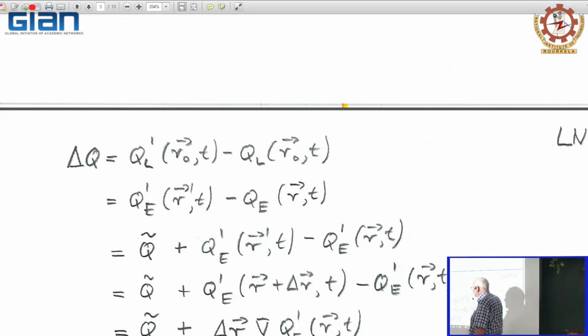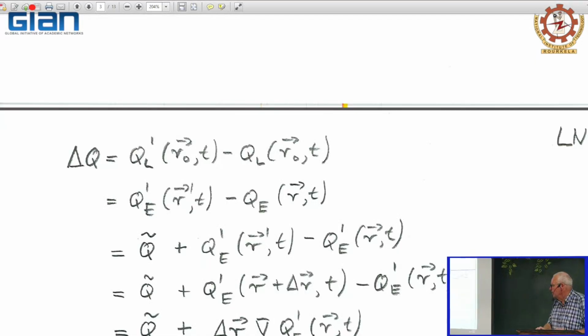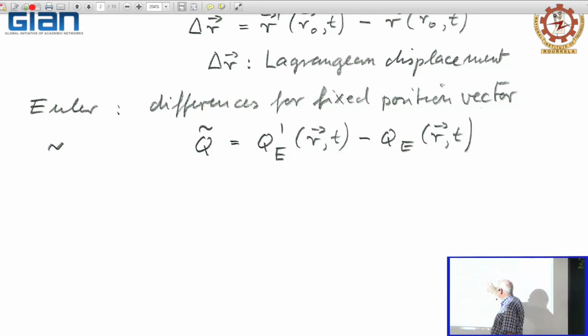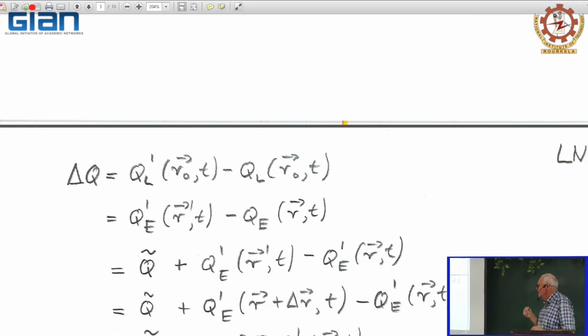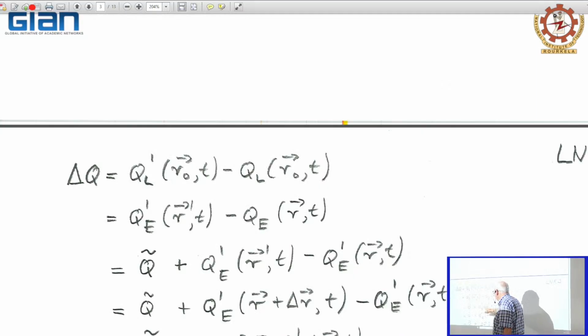Now we use the definition. Well, we keep this quantity. Now we use the definition of Q tilde, the Eulerian perturbation. The Eulerian perturbation was QE dash minus QE, both at the position r. So we rewrite it in the following form. It's Q tilde. This here is kept, and using the definition I showed you before, we can write it as Q tilde minus QE dash at the position r and t.